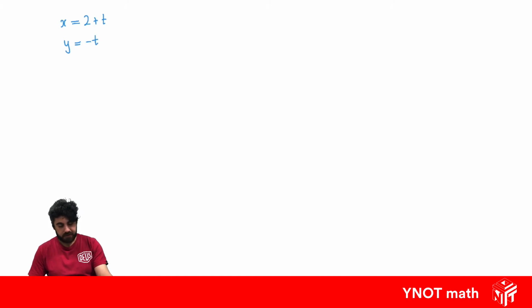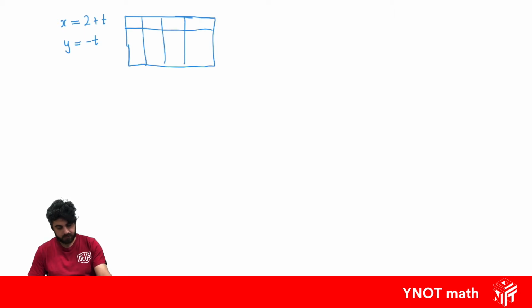And let's draw up a table of values that describes these parametric equations. Let's look at just values of t, x and y when t is 0, 1, and 2.